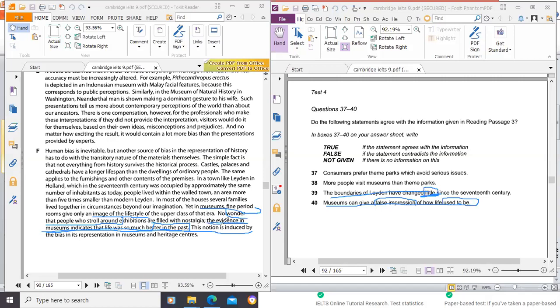This is simply because museums indicate that life was so much better in the past. Don't forget, we've read something like that which talked about bias.